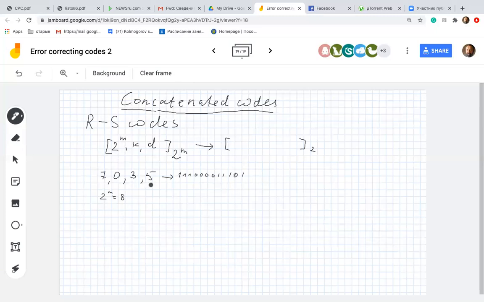So instead of 4 symbols, we have 12 symbols. So the code length, the block length, is multiplied by m.